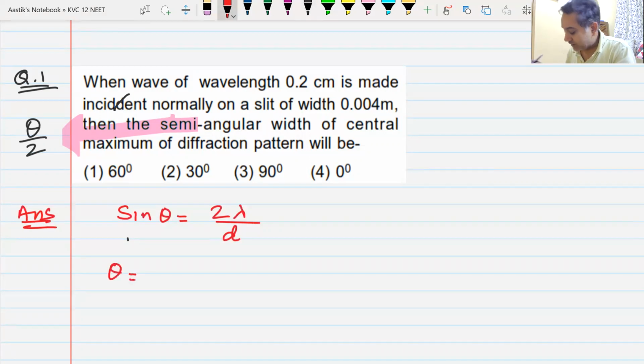So your theta is the half of the angle. So it will be half of this. So sine inverse of lambda by d. This is how we calculate it. When you put the values, you will get theta as sine inverse of half.